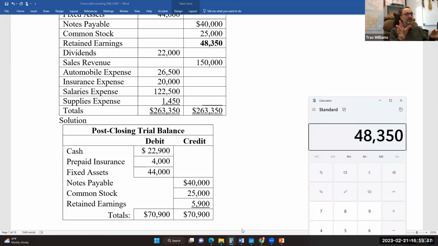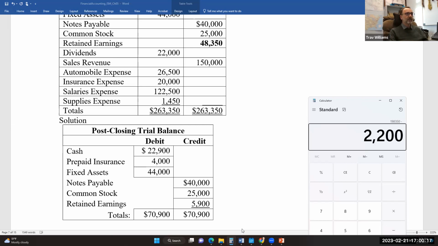We didn't pay it out as dividends, so it's still with us at the beginning of the period. We could add to that our revenue from our sales. Then subtract from that our expenses and our dividends, which actually decrease retained earnings, is what I should have said, right? Both the expenses and dividends decrease our retained earnings.